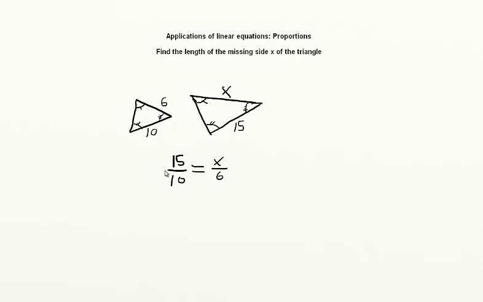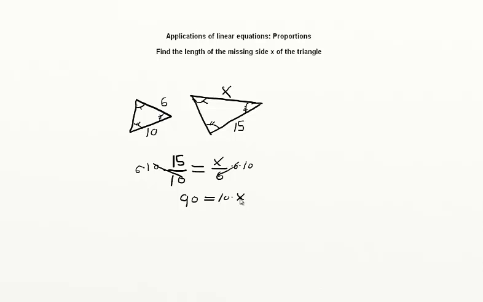But one way to do this is to multiply 10 to each side, and that will get rid of this, 6 to each side, and so these cancel, and we're left with 6 times 15, which is 90, and that should be equal to 10 times x.